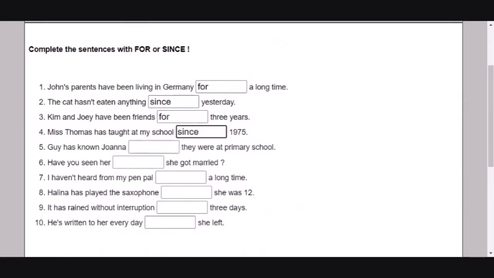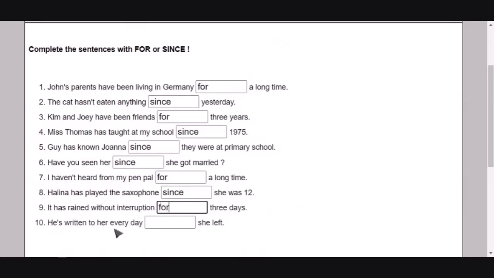Guy has known Joanna since they were at primary school. Have you seen her since she got married? I haven't heard from my pen pal for a long time. Alina has played the saxophone since she was 12. It has rung without interruption for 3 years. Days. For 3 days.